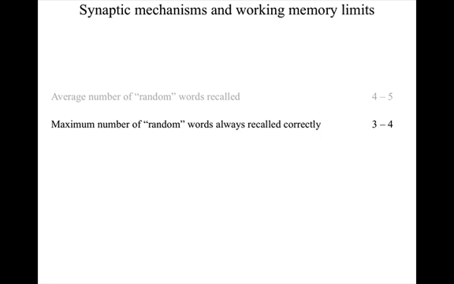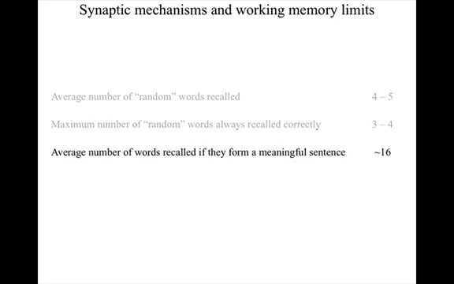So this is a better measure of the raw capacity of working memory, because any semantic connections between words will tend to increase the number, and the minimum number probably reflects the capacity when there's no semantic connection, when there's no chunking. With chunking, recall can be 16 words or more. We can generally exactly recall a sentence that's just been spoken.